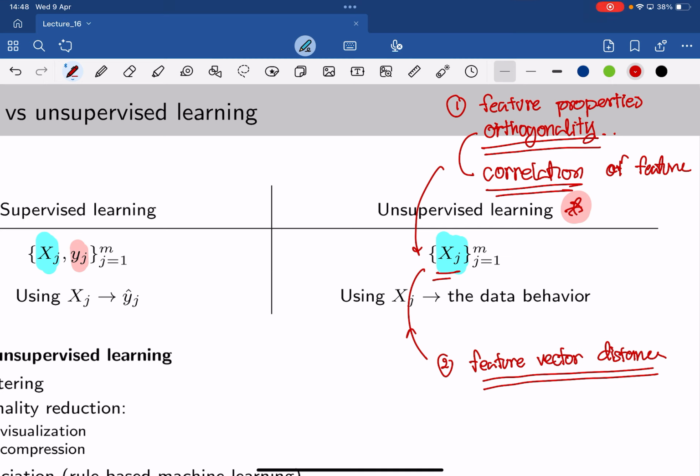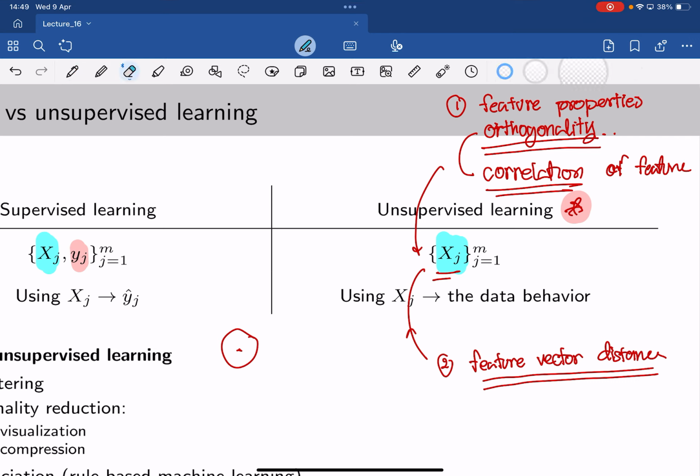Or you start off with the centroid of the cluster, and then you try to find the cluster with the centroid that is closest to the data sample. That is the kind of property that you will be using when dealing with unsupervised learning.